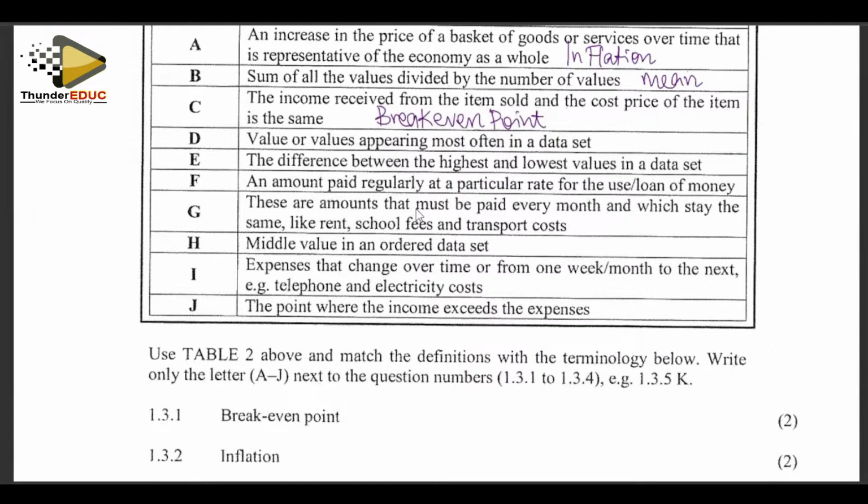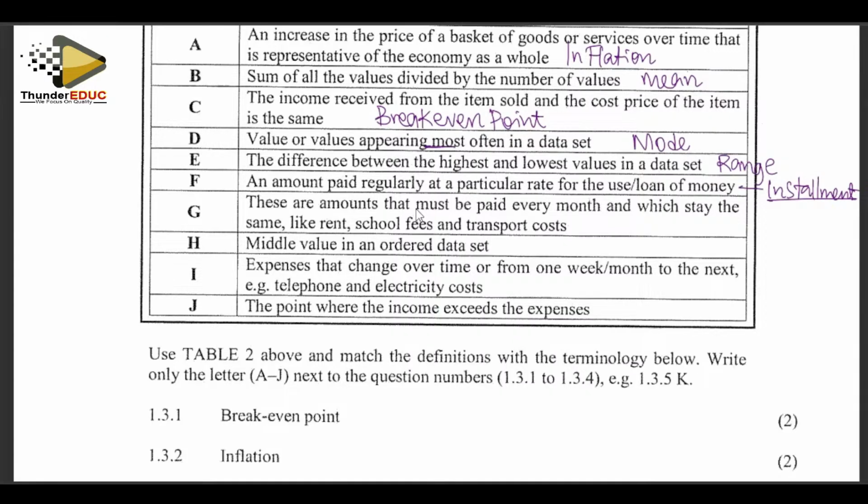Then we come to the value appearing most, in data handling. This is mode. Then the difference between the highest and the lowest, still data handling. This is range. An amount paid regularly at a particular rate, for the use of a loan of money. This could be the installment. You can call it installment or monthly payment, usually monthly, but it's an installment.